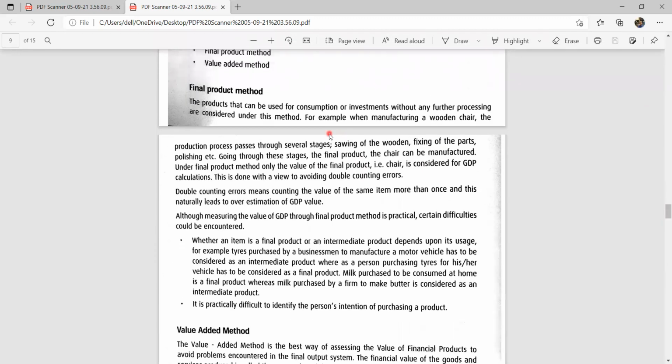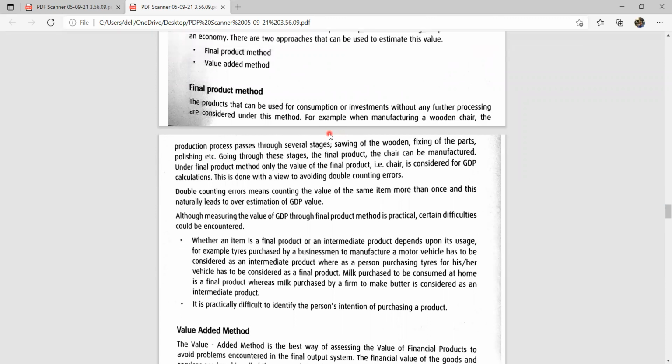Final product method means the total production is captured at last. For example, let's just imagine a cake. Cake is a final product, what we use for our consumption.